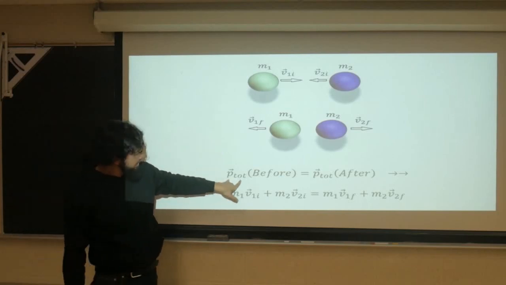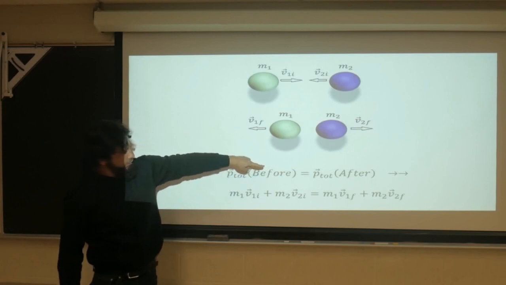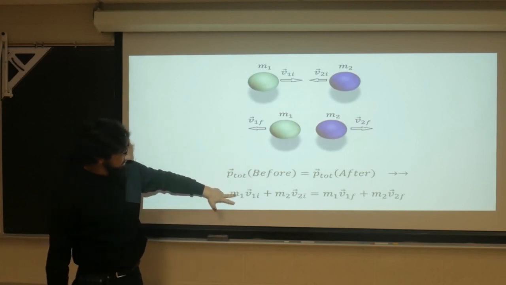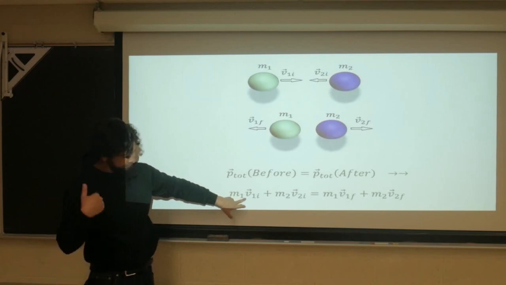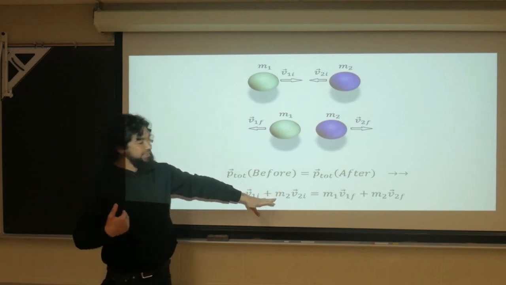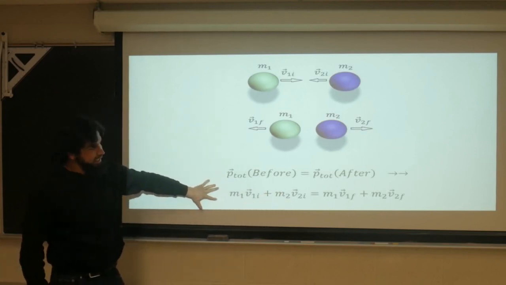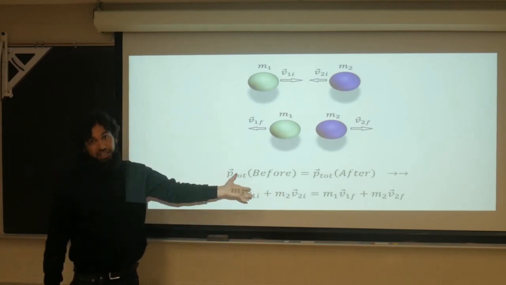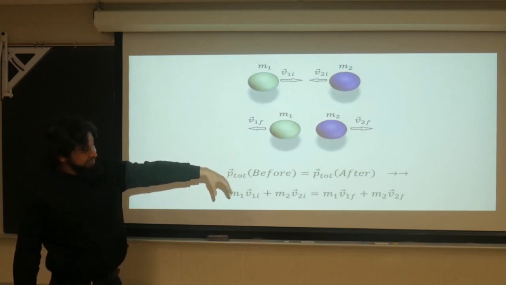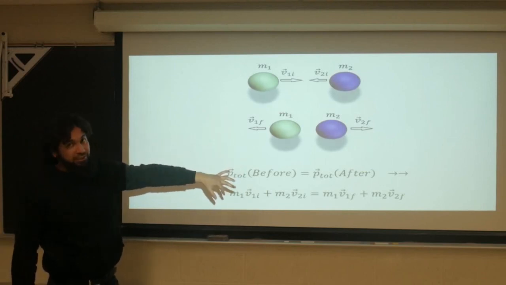So I say here that P total before is equal to P total after. The total momentum before is the first mass times its velocity before, plus the second mass times its velocity before. The total momentum after is the first mass times its velocity after the collision, plus the second mass times its velocity after the collision.